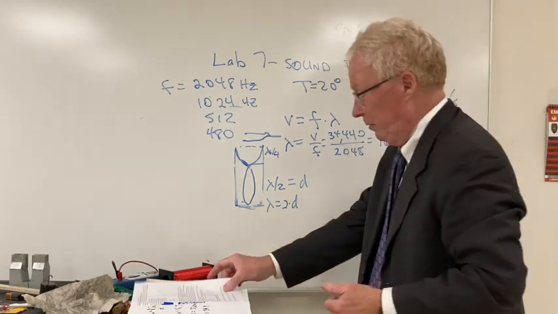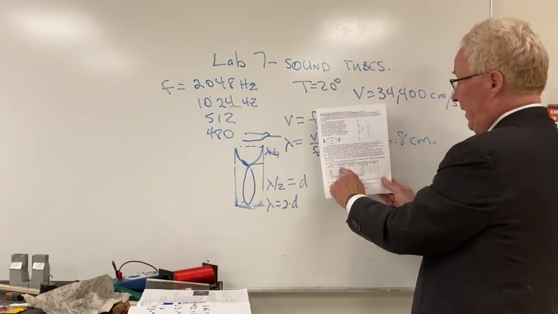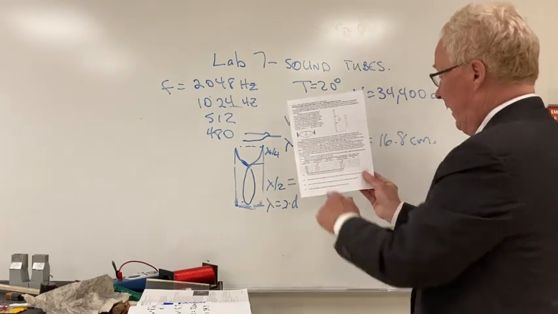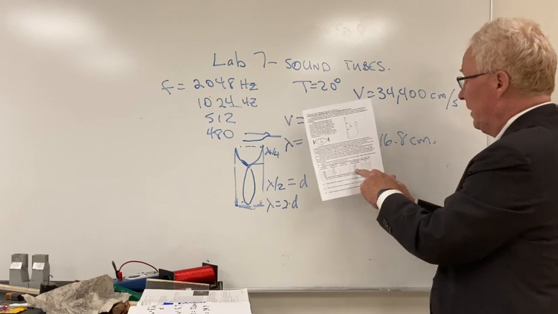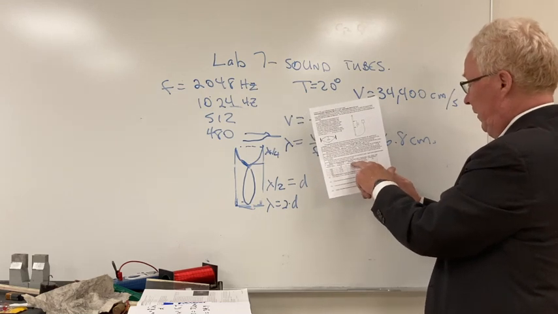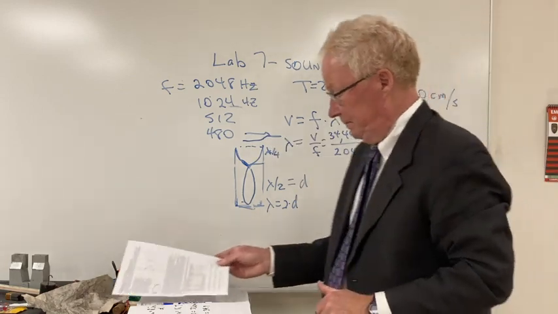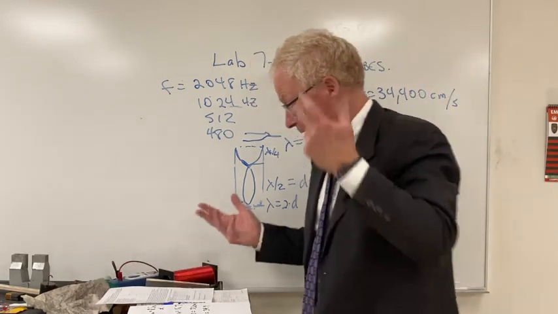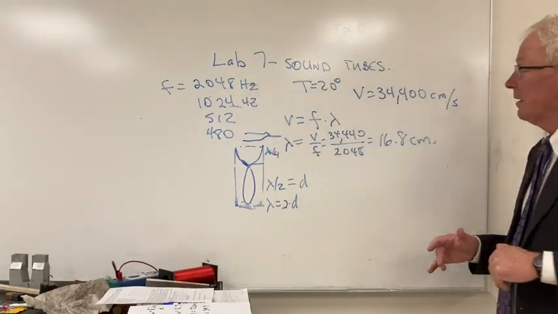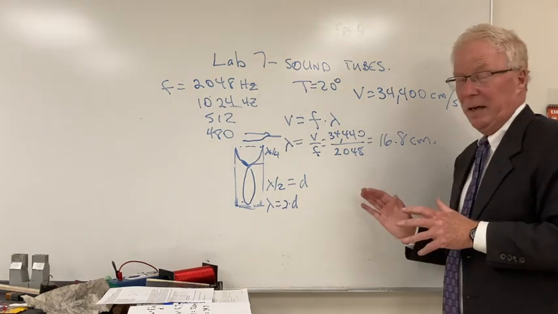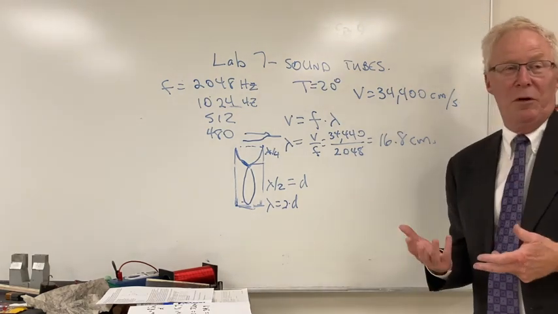Your theoretical values will be on the data table for the lab. We'll then measure the wavelength, and then we'll get the experimental one. All right, so experimental wavelength from there. So that's the basis of the lab. So now I'm going to go do the lab for you.